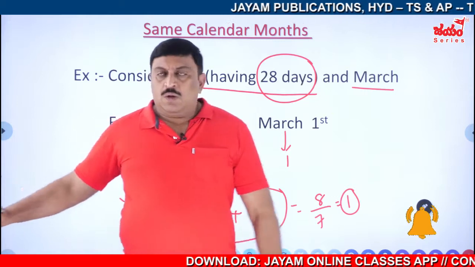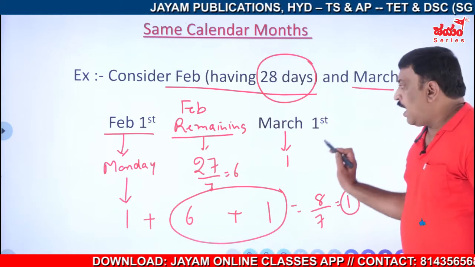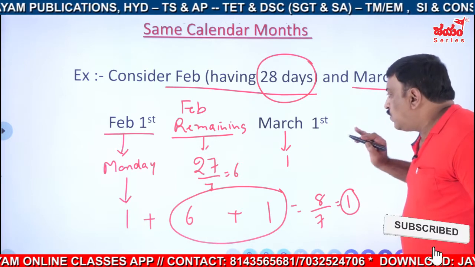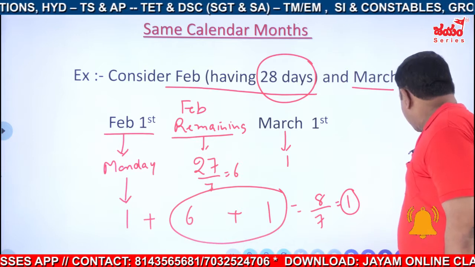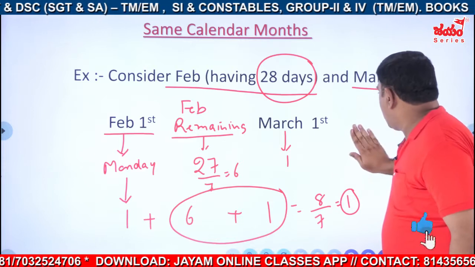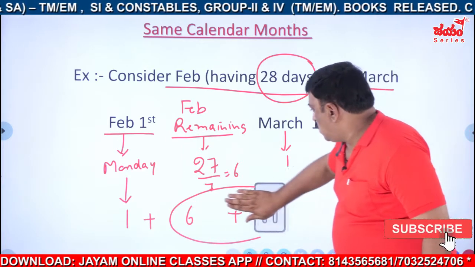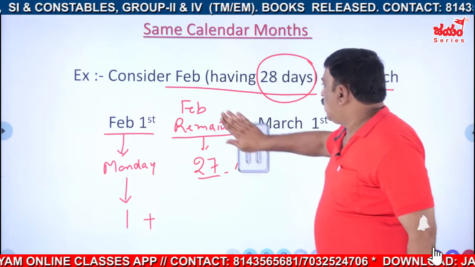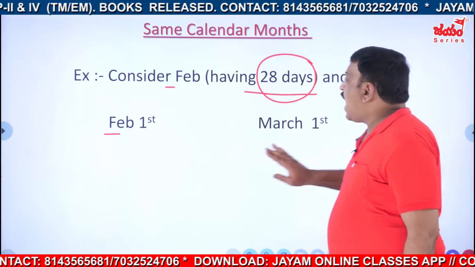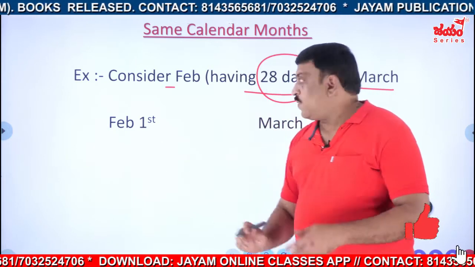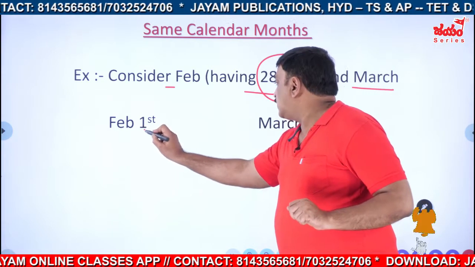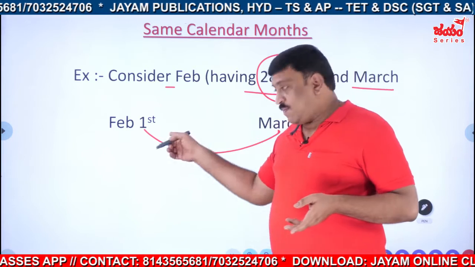So this calculation I will make much simpler now. No need to worry about all these things. Just see, February 1st to March 1st is considered as 1 month, that is, 1 month of February.